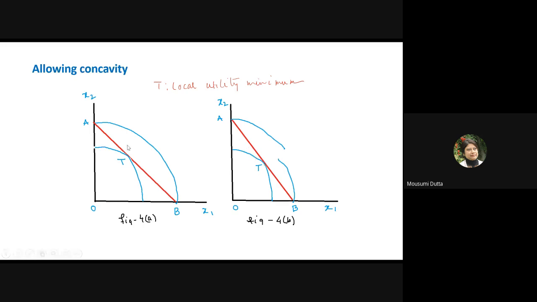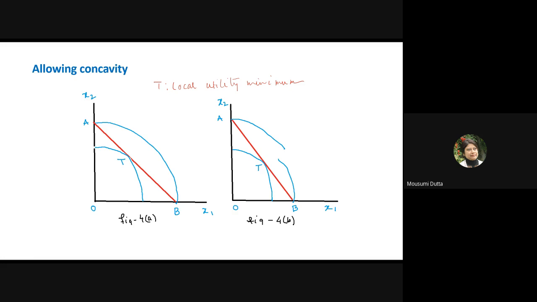Here I am getting a point of tangency, that is, the first order condition is satisfied. However, T is not a utility maximum, rather T is only a utility minimum. So we will call it a local minimum. It is not at all a maximum.